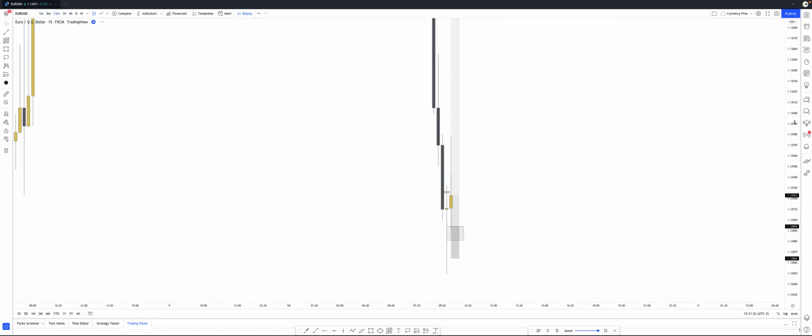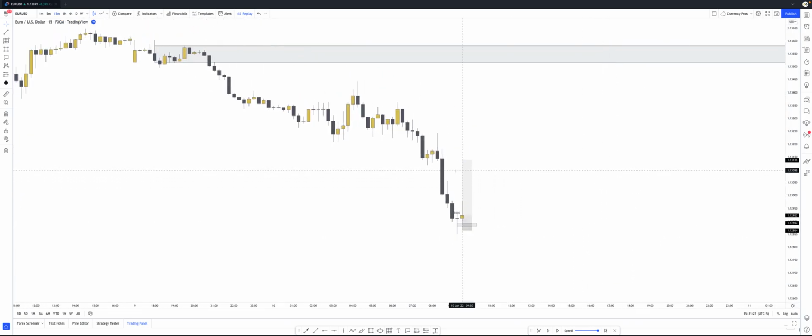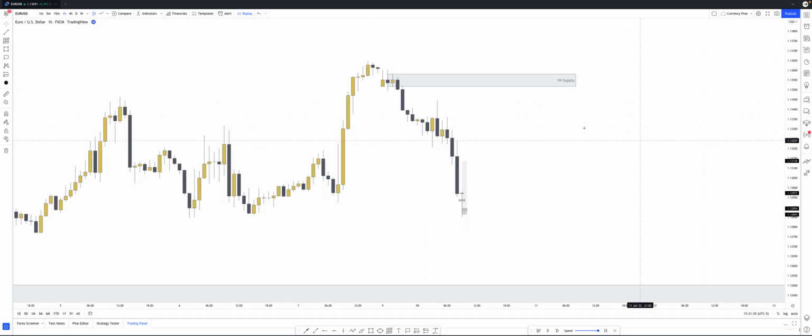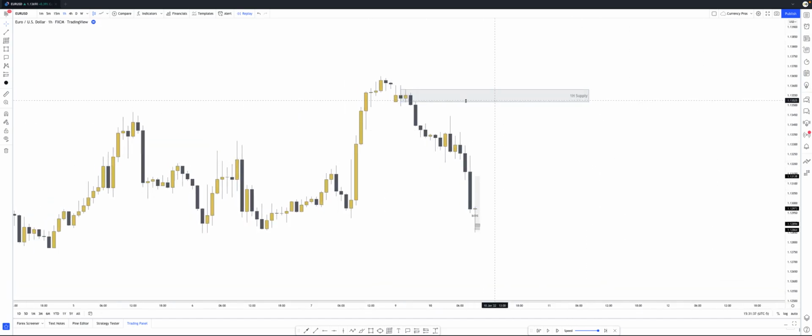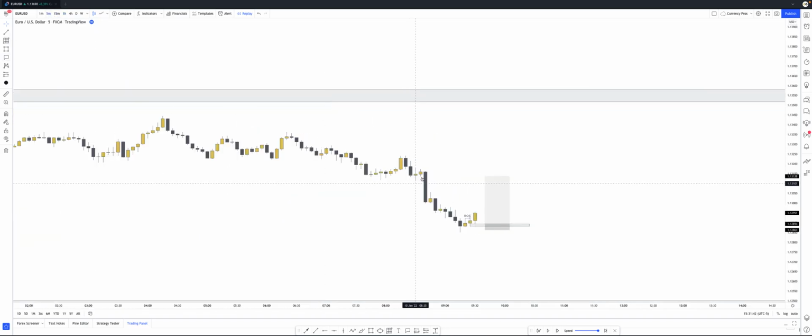What was the reasoning for that? I can't even recall. Right, so I was just targeting the most recent supply. Of course, we have a more probable supply zone on the higher time frame, which is the 1 hour supply zone way up here. But in the short term, I was just looking for price to react to the nearest supply zone.